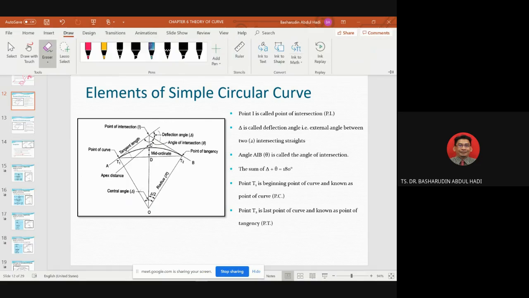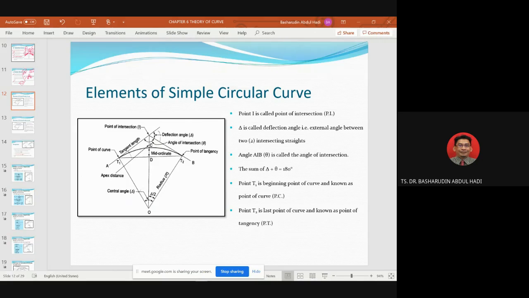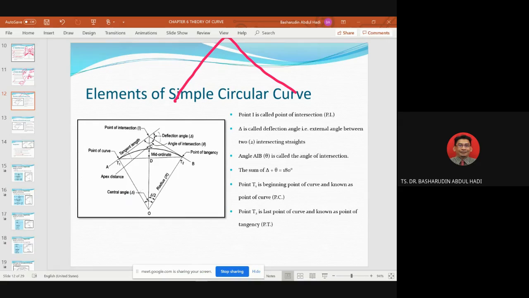So what is your existing? You are going from A to I to B. Nowadays, because we have survey equipment, you make it short. You put a horizontal curve here. So you save time, you cut your wastage.